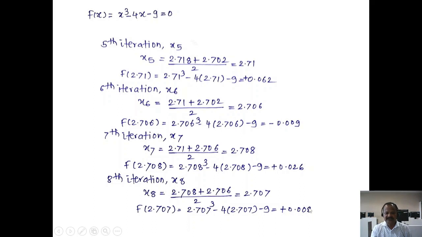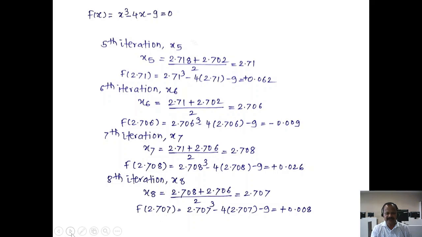Now this answer is positive, for 2.707. So for the next iteration, the 9th iteration, you have to take this positive value, and the negative value is for 2.706. So it is the addition of 2.706 plus 2.707.